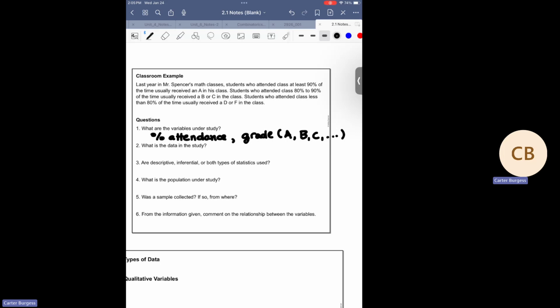Where are we getting this information from? Okay, so the class as a whole would be maybe the whole data set, and then an individual point of data would be a student. The students are going to be the actual things that we are looking at here. Very good.